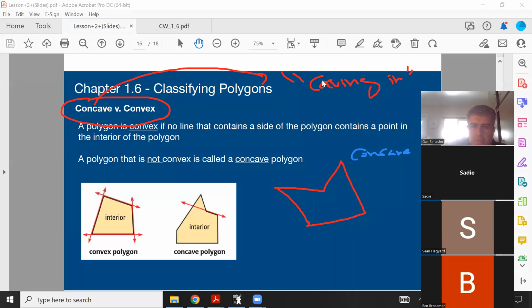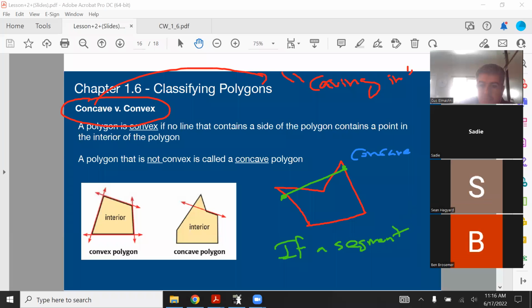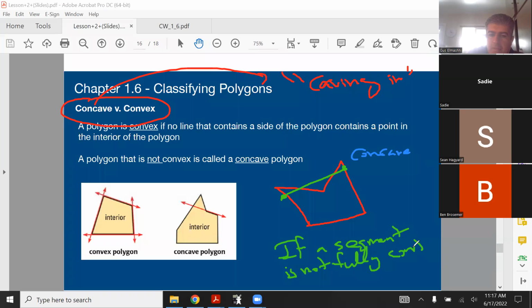Also, a little trick is if you pick 2 points, and a segment is not fully contained in the polygon, it's concave.